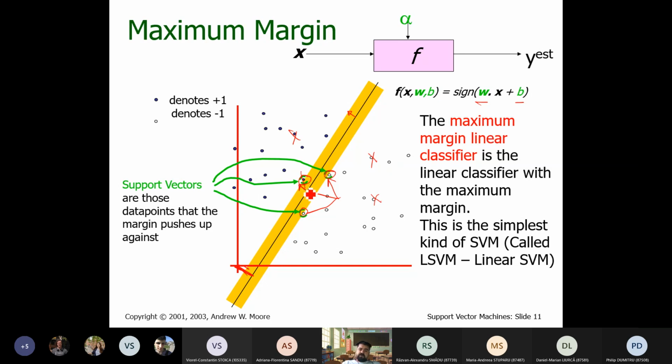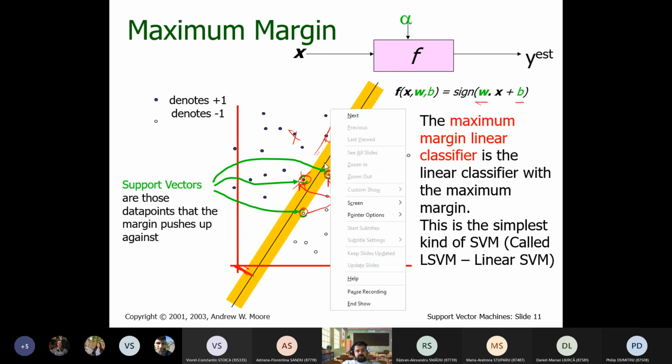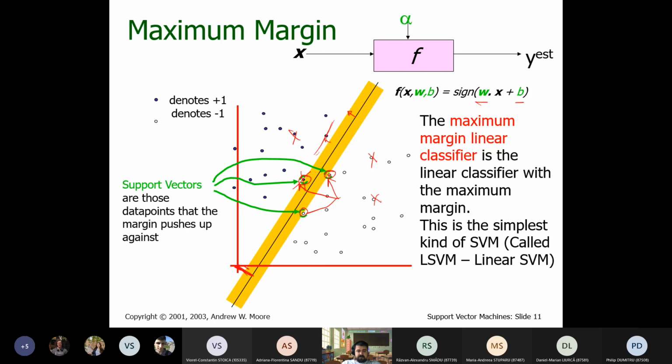But if we remove, for example, this point, then the classifier might change both its position, so offset, and its orientation, because now this margin will be enlarged up to here, up to reaching this point, and the orientation of the classifier might change a bit, might go a bit to the right, to maximize the distance between this point and this point. Okay.